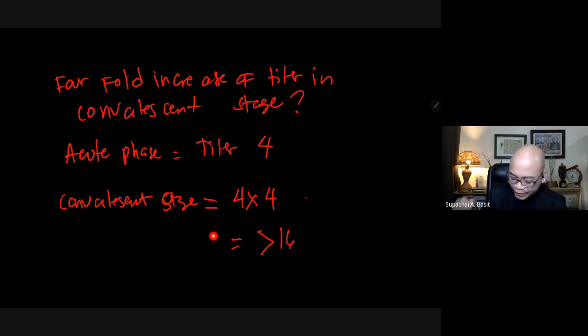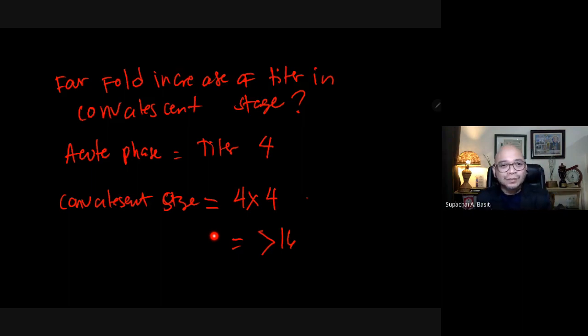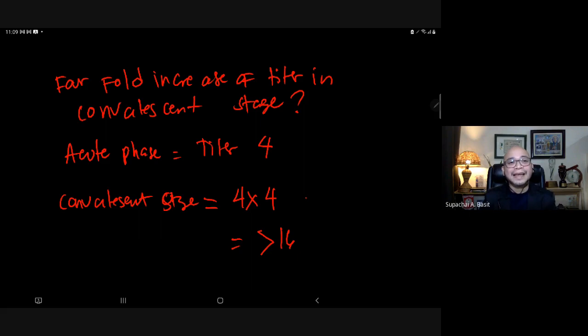So it could be more than 16. So pag sinabi natin more than 16, could be that there is indeed a four-fold increase of antibody titer. Okay, so that's the importance of serial dilution. Serial dilution will allow us to determine the titer. Okay, I hope that's clear.